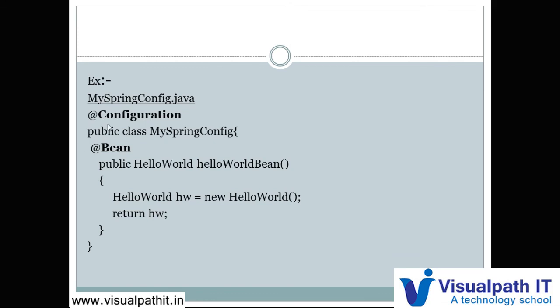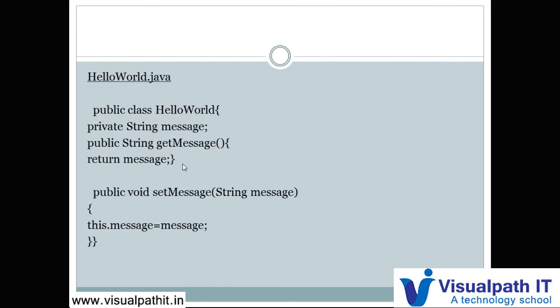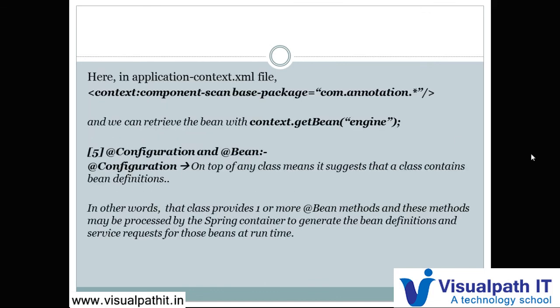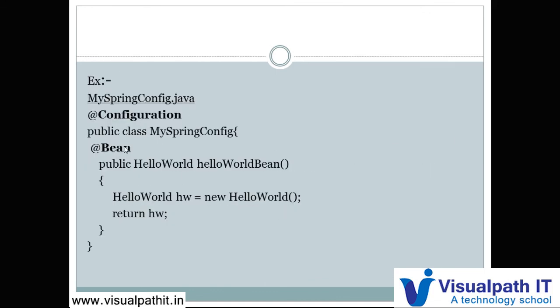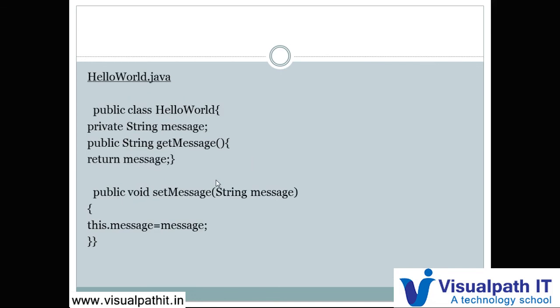For example, we have @Configuration here. This is the entire class, my public class MySpringConfig, which in turn has the beans. So it is marked with @Configuration above, which means it can have bean definitions inside. That's it. @Configuration will have as many beans inside the class as required.